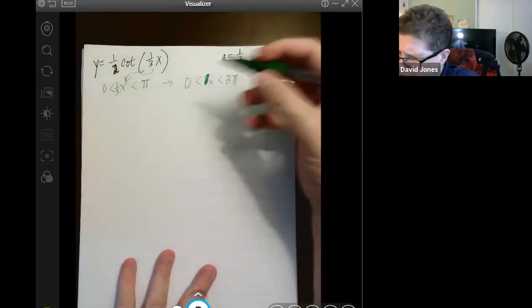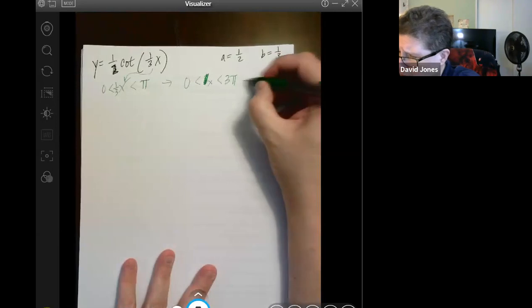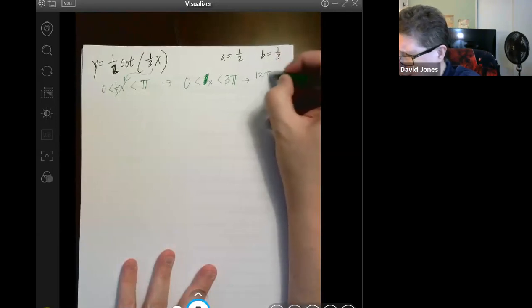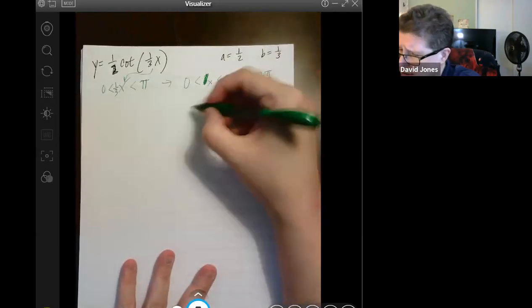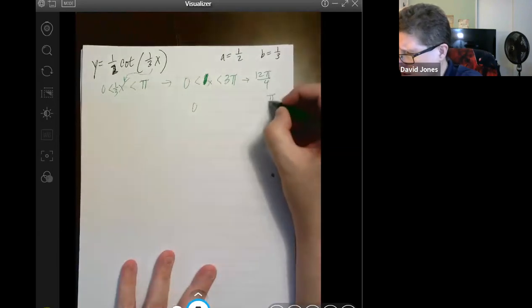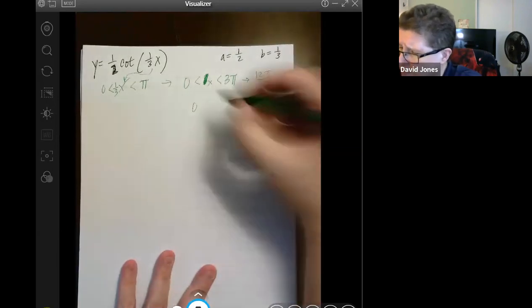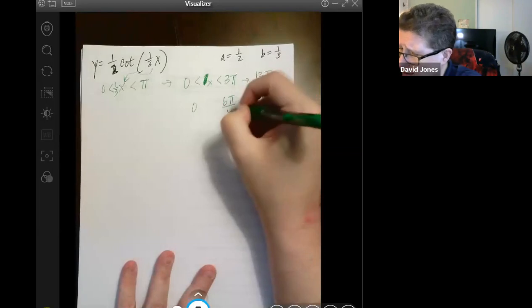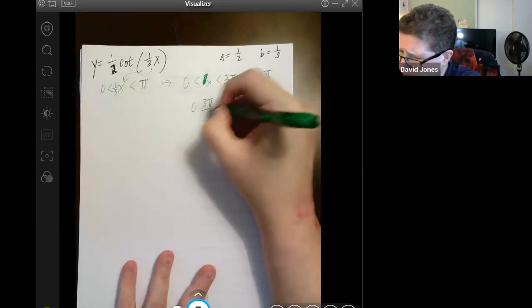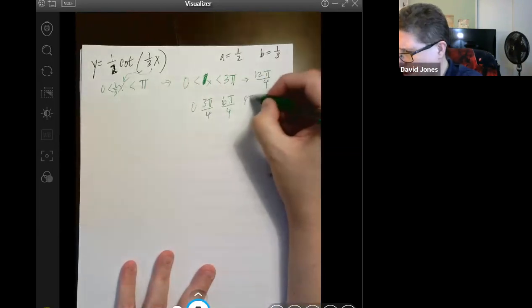Now, if I wanted to, I could make this 12 pi over 4. Midpoint is 6 pi over 4. Half of that is 3 pi over 4 and 9 pi over 4.